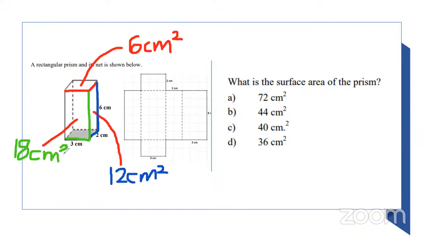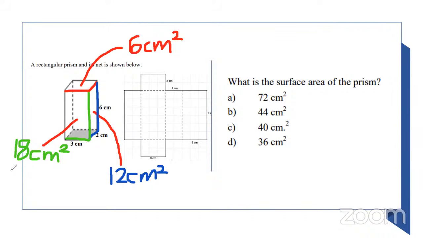Now, since we have 2 of each of these faces, we can go ahead and find the total of these, then we multiply by 2, or we can just multiply each of these by 2 and then add it. I'm just going to do one big calculation of these individual faces, then multiply by 2, because we have 2 of each of these faces.